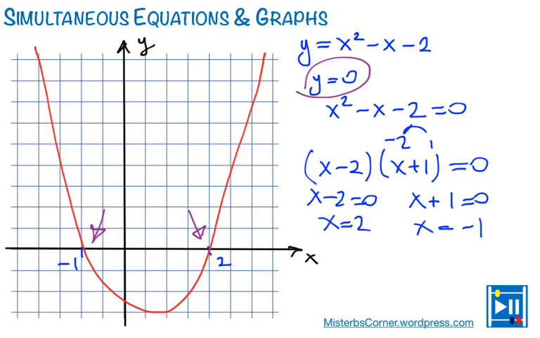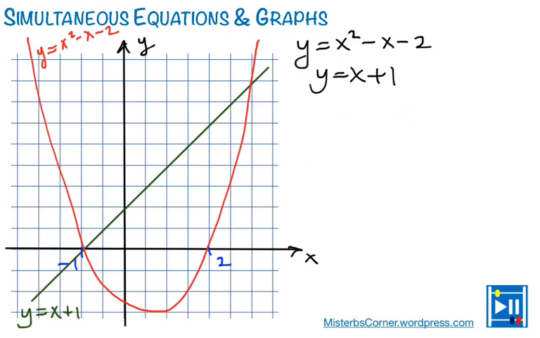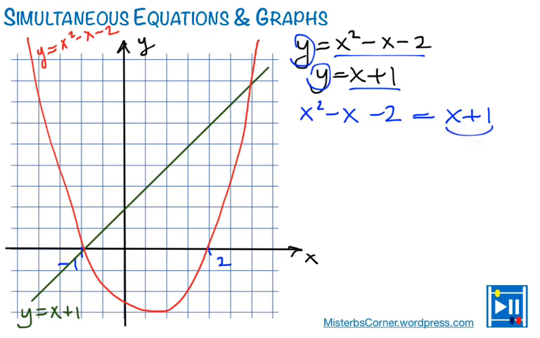Now let's consider if y is equal to some other algebraic expression. For example, let's say y equals x squared minus x minus 2 and y equals x plus 1. So the graphs of these functions will be as shown. Now, if I write x squared minus x minus 2 instead of 0, if I write x plus 1, because both of these expressions are equal to y, then I can take these to the other side.